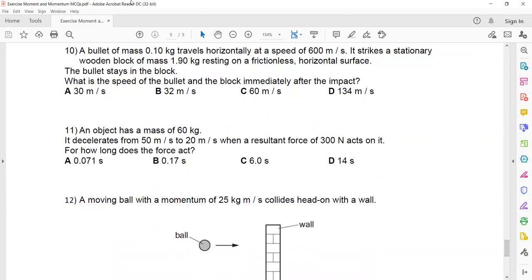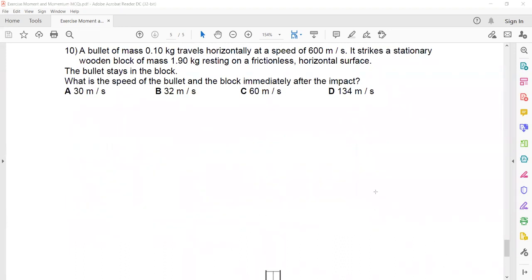In question 10, a bullet of mass 0.1. Whenever you have a question related to motion, it is better to draw the figure so you can understand the question.